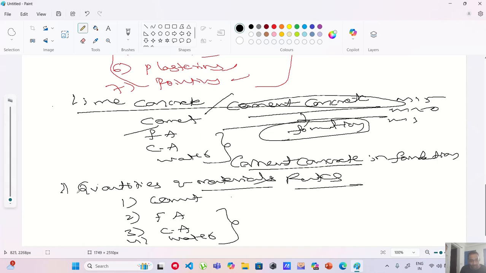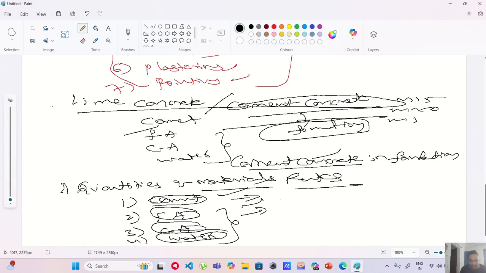No. How much quantity of cement, how much quantity of fine aggregate, how much quantity of coarse aggregate, and water maybe. The work and materials are already defined, and quantities have to be prepared. How are we going to calculate these quantities?